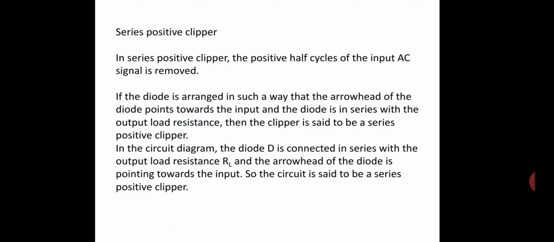So in a series positive Clipper, the positive half cycle of the input AC signal is removed, and only the negative half portion is obtained at the output. If the diode is arranged in such a way that the arrowhead of the diode points towards the input, and the diode is in series with the load resistance, then the Clipper is said to be a series positive Clipper.